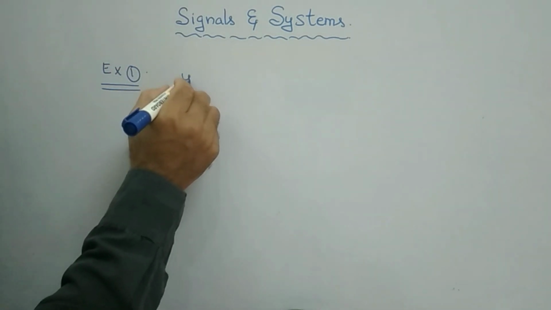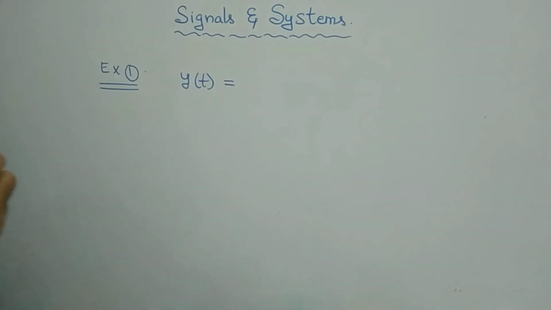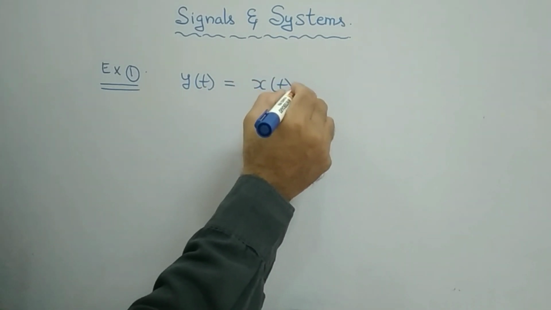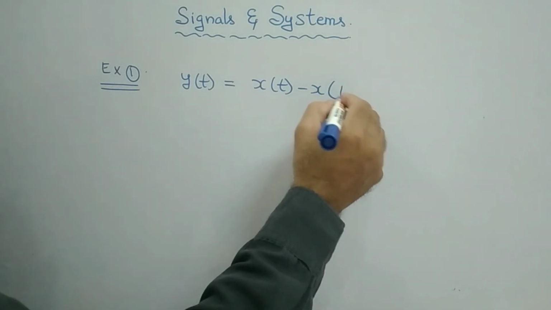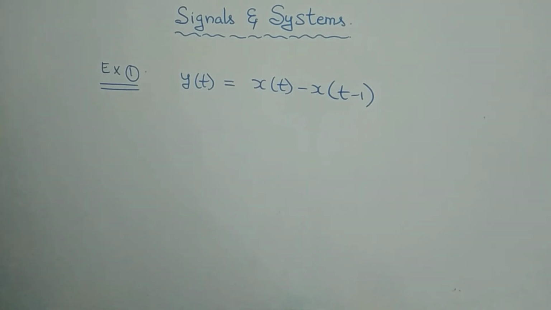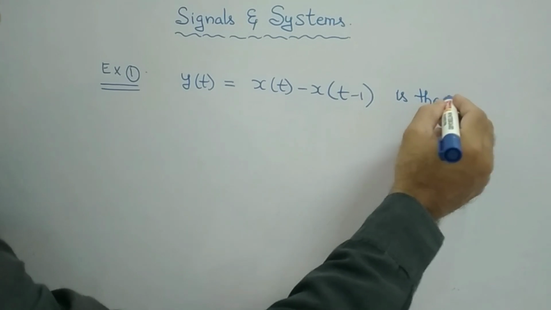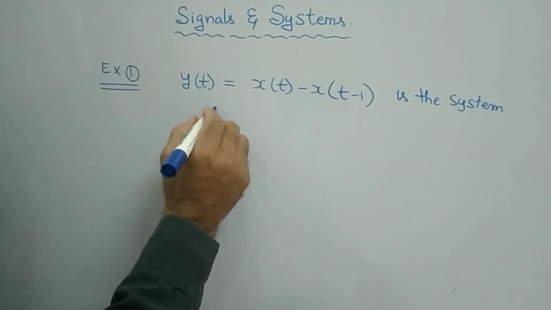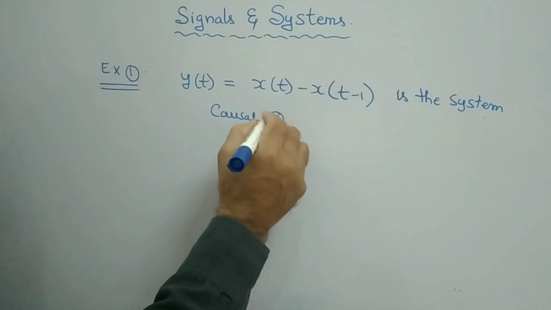Let us say the output is given as y of t is equal to x of t minus x of t minus 1. Clear? x of t minus x of t minus 1. Is the system causal or non-causal?